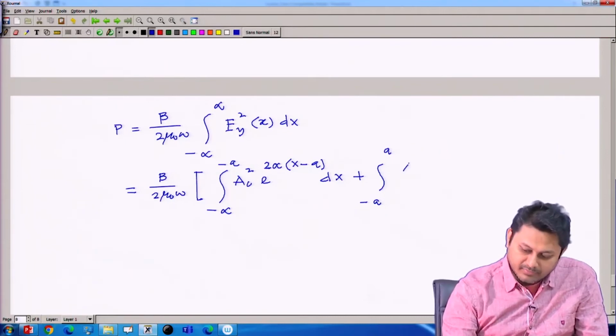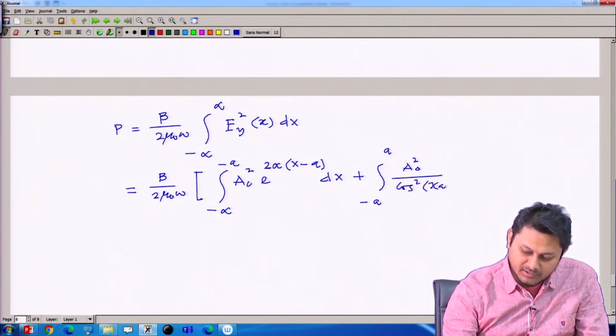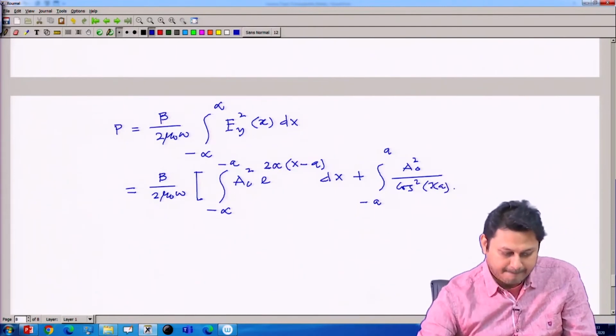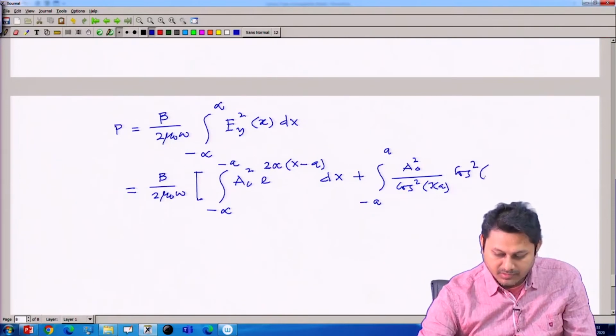I have a 0 square divided by cos square kappa a, because this is the new constant, b square rather, times cos square kappa x dx.